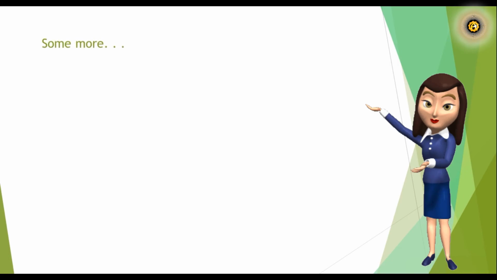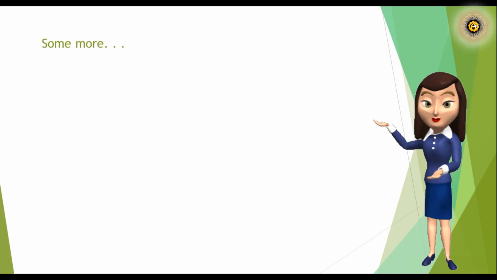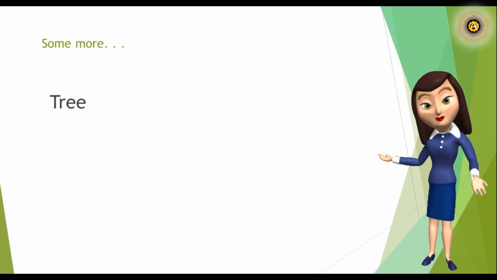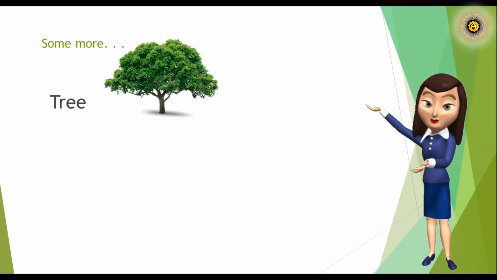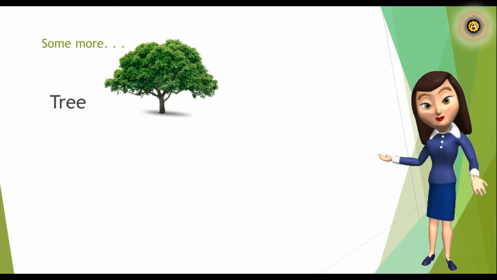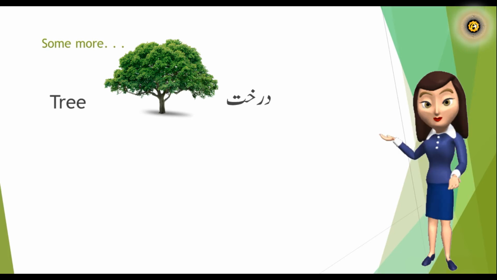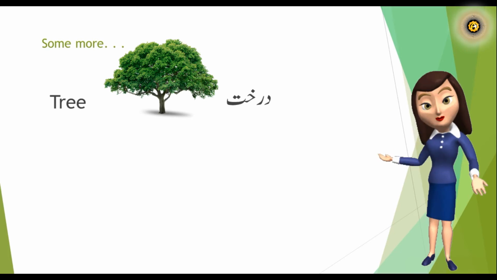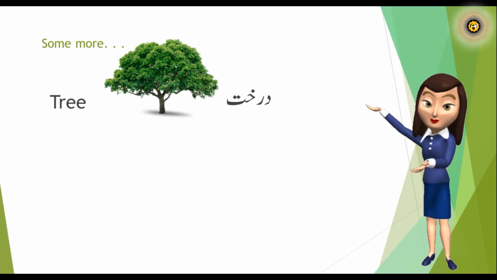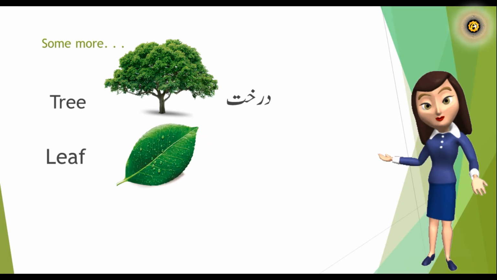Alright, now some more things. There are trees in the garden as well. In English we say tree, and in Urdu darakht. Then there are leaves on the tree, or with flowers as well.